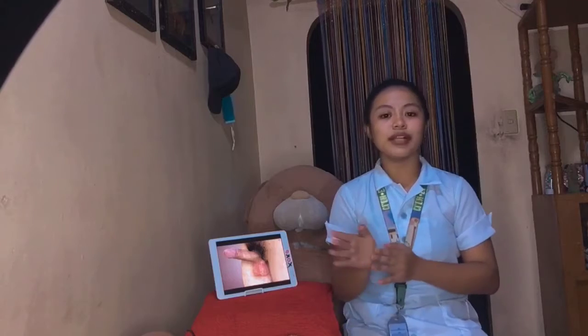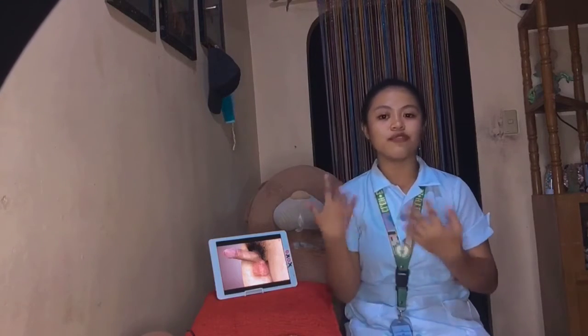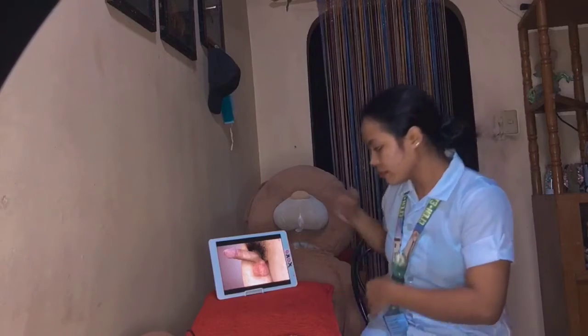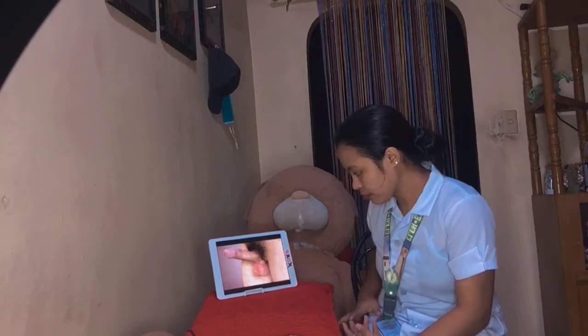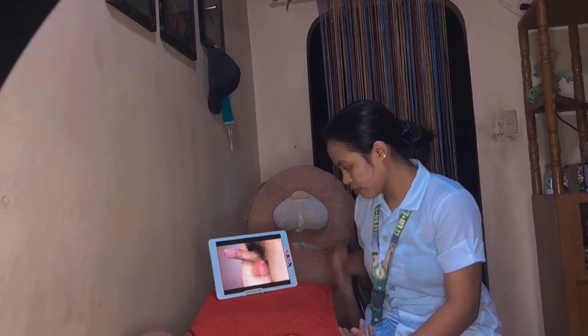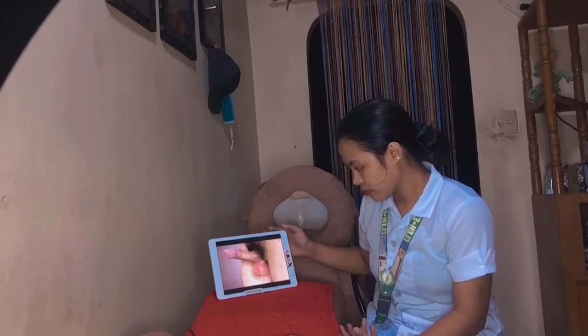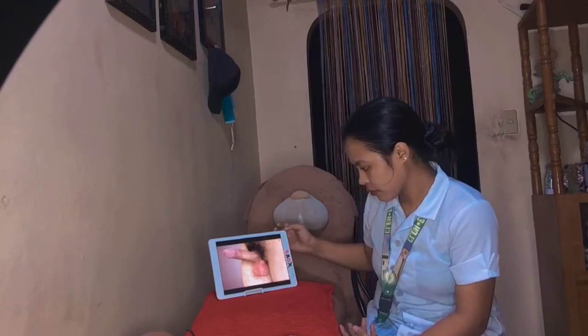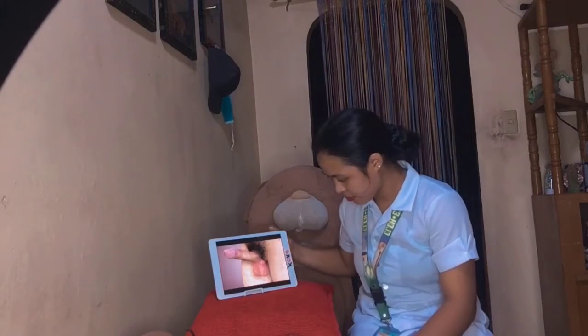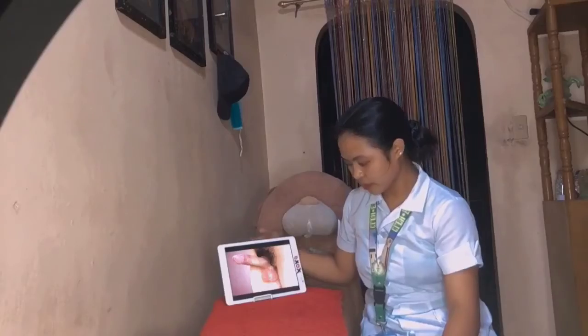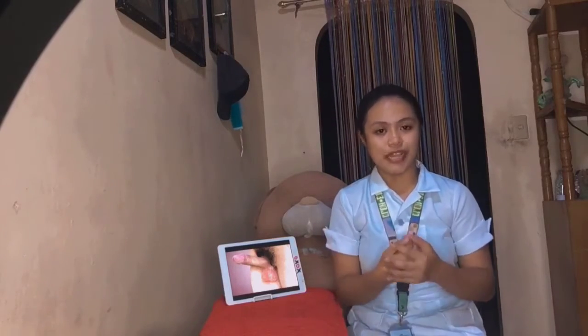Now we will inspect the urethral meatus for swelling, inflammation, and discharge. Okay, the urinary meatus is slit-like and is normally found in the center of the glans. It is also free of discharge and inflammation.